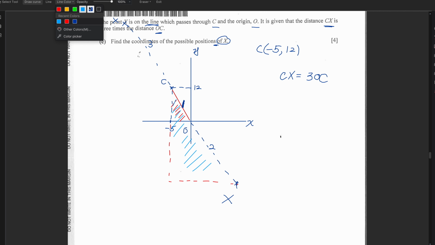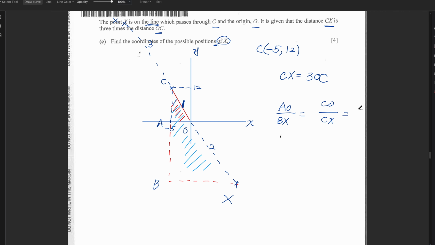By ratio, if I label this point A here, C, O, and point B here, my AO over BX is going to be the same as my CO over CX, which is 1 over 3.